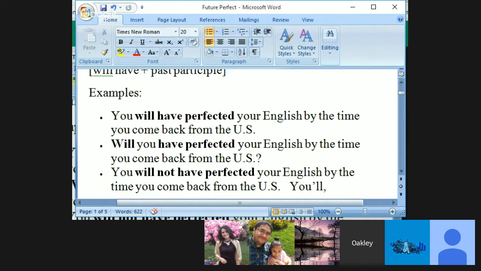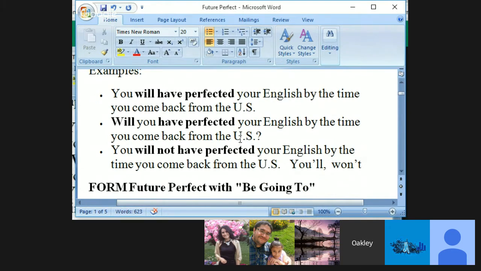In this case, it's a little different than normal because the contracted form in the negative is won't. So if I were saying this as a native speaker, I would say you won't have perfected your English by the time you come back from the US.